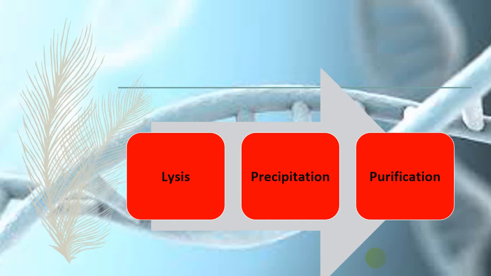The first step in the DNA extraction is the lysis. Then the second step is precipitation and purification. If you have watched the video I have shared in the Google Classroom, you can easily see that in the first step we have to lyse the cell, break down the cell into pieces, so that we can separate the cells from each other, because for extracting the DNA we need a single cell.